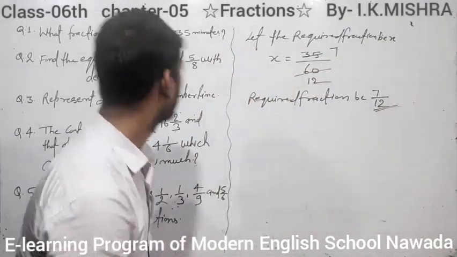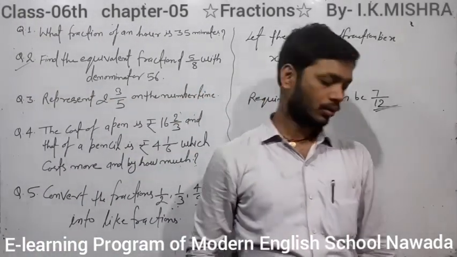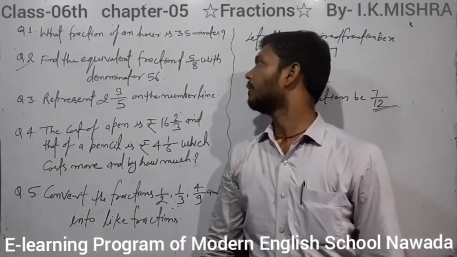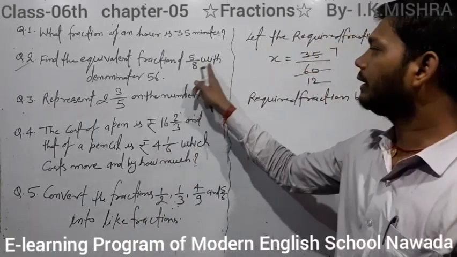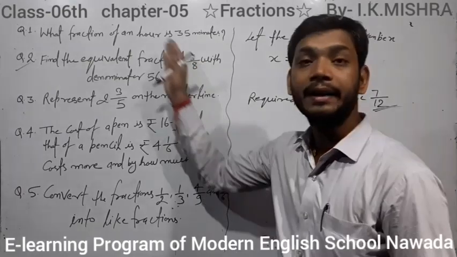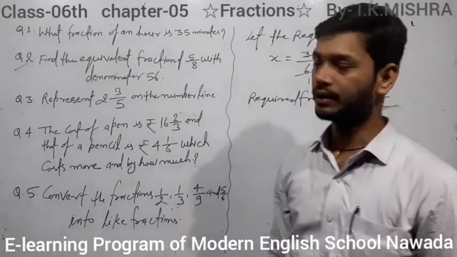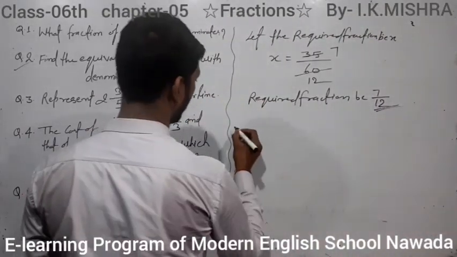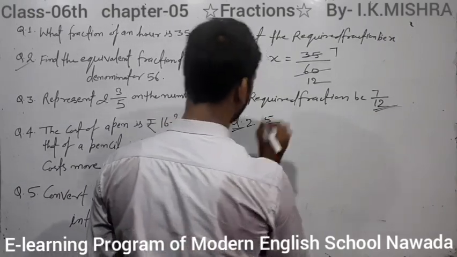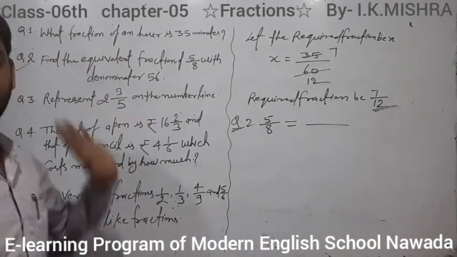Now in question number 2: find the equivalent fraction of 5 by 8 with denominator 56. Here you have to write 5 by 8 is equal to, and first of all write denominator 56.